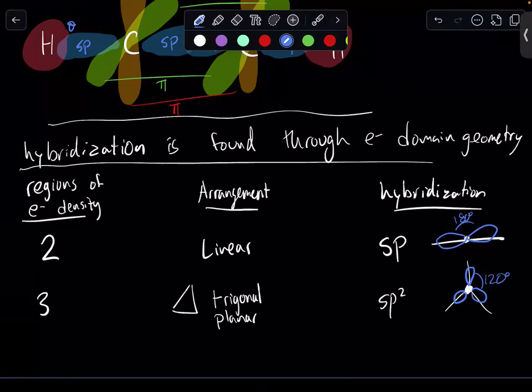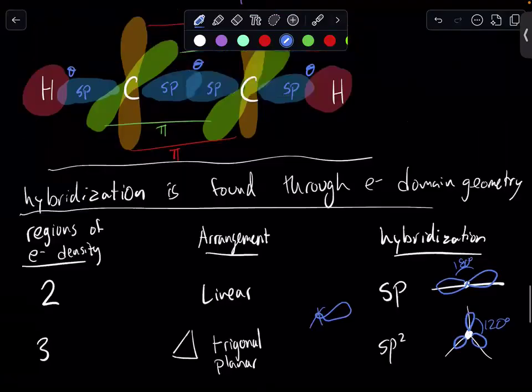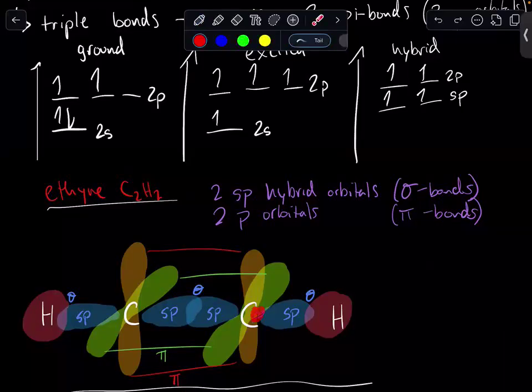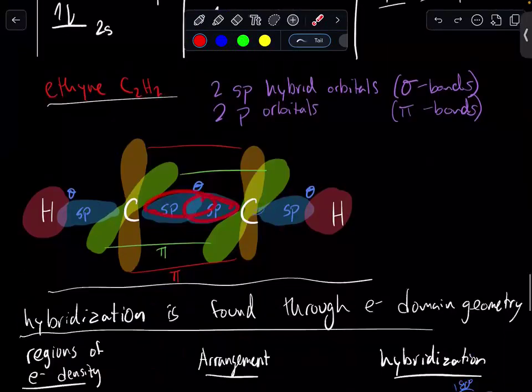You'll notice when we start drawing these, we actually lose the little tiny nubbins. We don't really draw those because the likelihood of the electrons in those domains is very low, especially as we start adding other orbitals. Like over here in our sp, an electron will just not really be in this region because it's being repelled from this sp orbital. So our electrons really will stay mostly in the large regions.